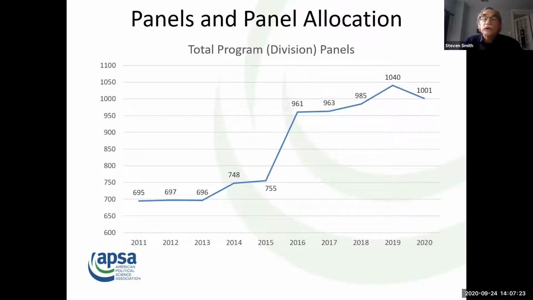So this shows you the trends in division panels in the last several years. Essentially, the way that we do this is that we try to assess how many possible panels we could have based upon how much capacity we have in the hotels, or in some cases the convention center, depending upon what year it is.